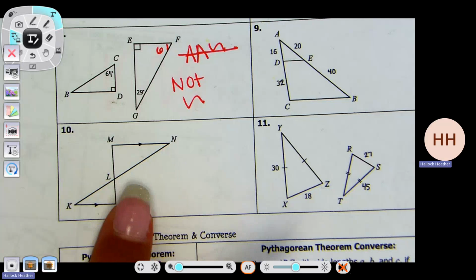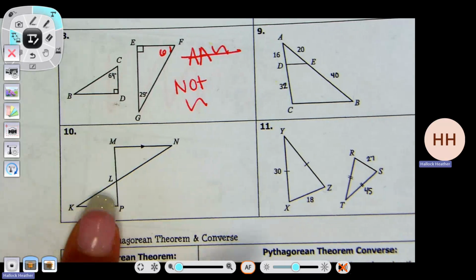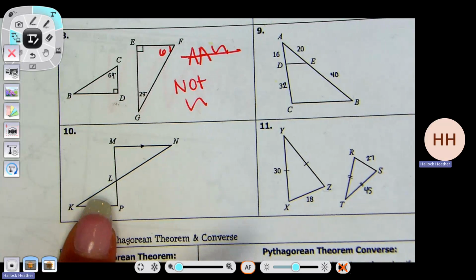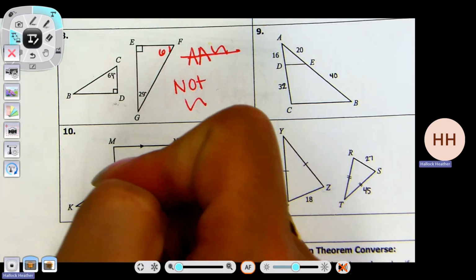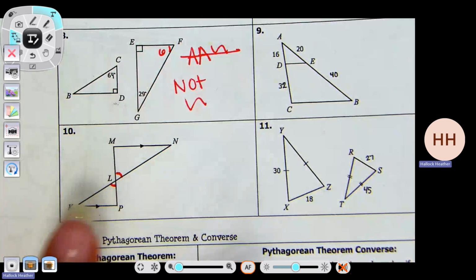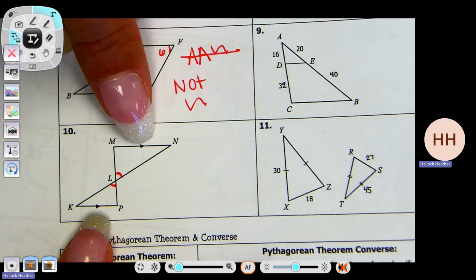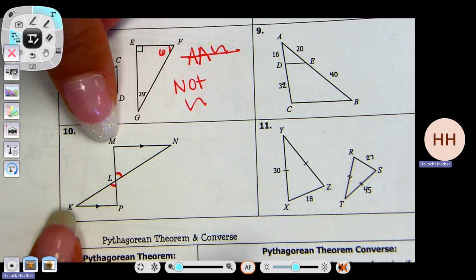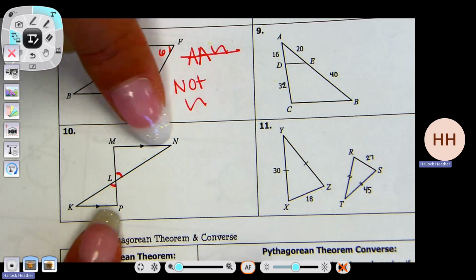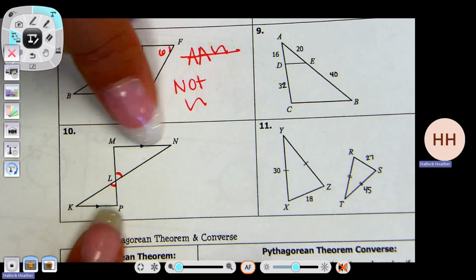So for number 10, this one's a little weird because there are no numbers. There are also no angles. So you're just wondering what's going on. You should automatically know which angles are congruent to each other. Which one's the same? L, because vertical angles are congruent. And then they want you to know what these little arrows mean. Does anybody remember what those arrows mean? They're parallel.